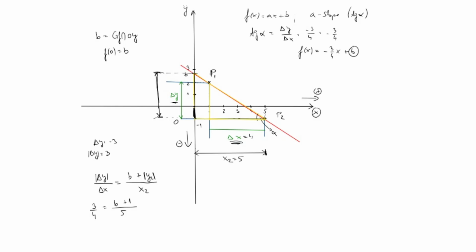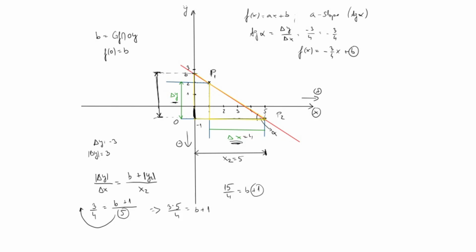Then this 5 will go up here, so we have 3 times 5 over 4 equals b plus 1, or in other words 15 over 4 equals b plus 1.